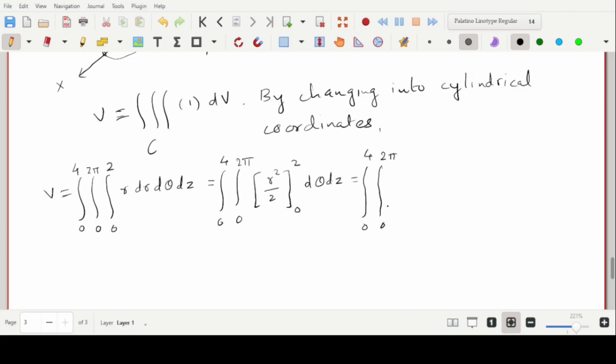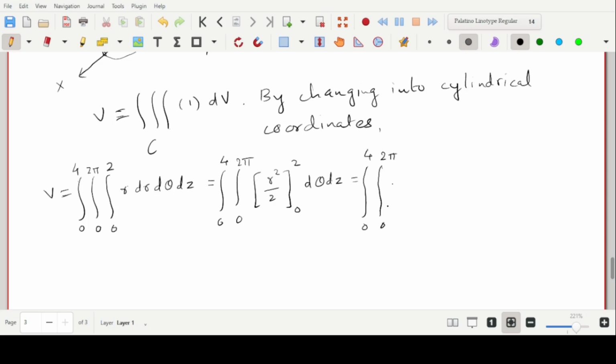This becomes 4 over 2, which is 2, d theta, and this is 2 multiplied by d theta, but the integral of d theta from 0 to 2 pi is theta, and after substituting the limits, it becomes 2 pi minus 0, which is 2 pi.